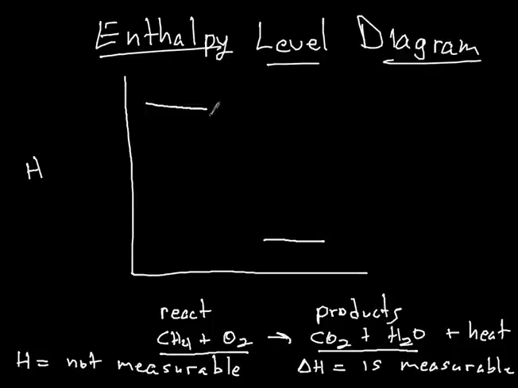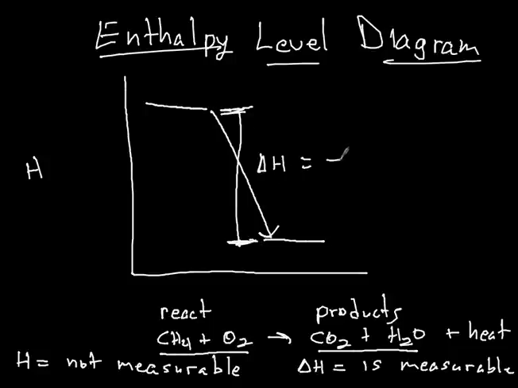And so for an enthalpy level diagram, we have this change, and we could just do a little dash line here, dash line there, and that is delta H. Whatever that change is, that's the delta H. And we can measure delta H. You can see that it goes down, and so delta H is negative. It's being released as we proceed through this reaction. And so this is what an enthalpy level diagram for an exothermic reaction would look like.